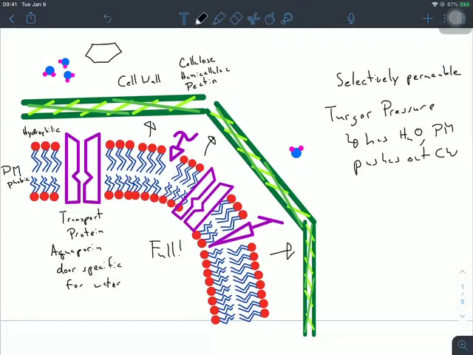Well, if the plant has turgor pressure when it's full of water, what do we call it when the plant lacks water? Well, a plant that lacks water is wilted.